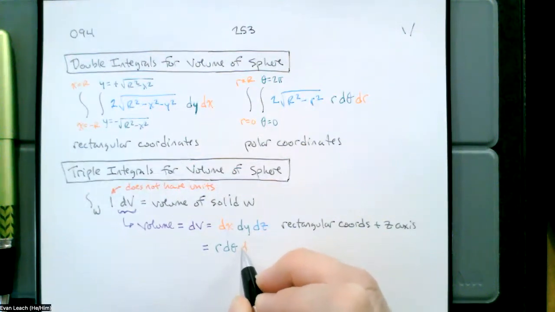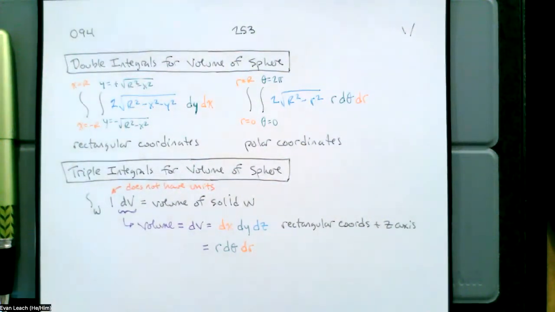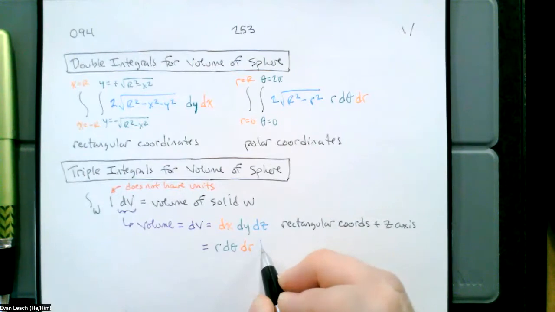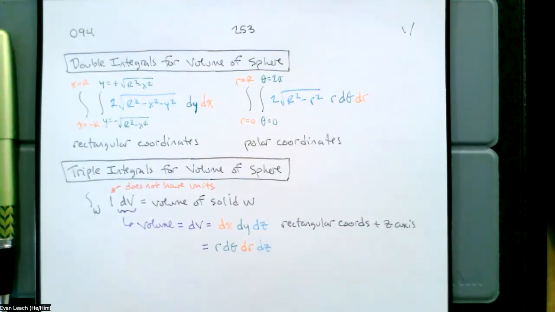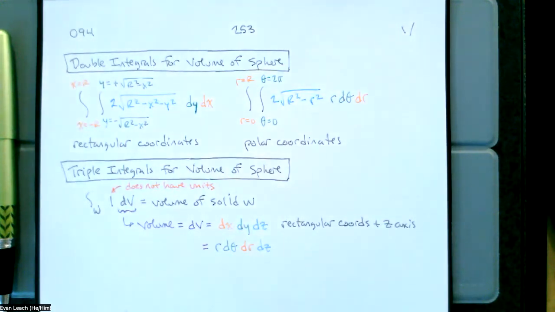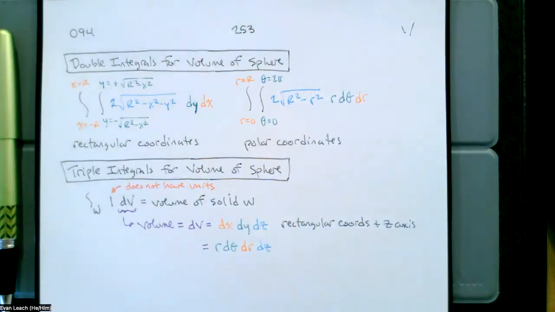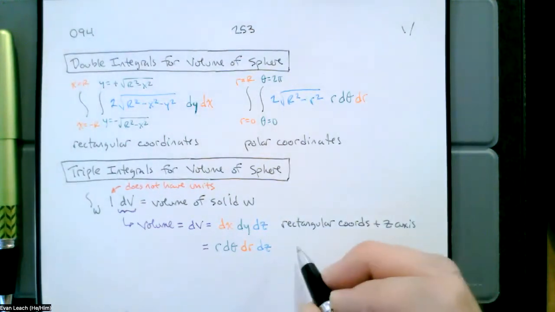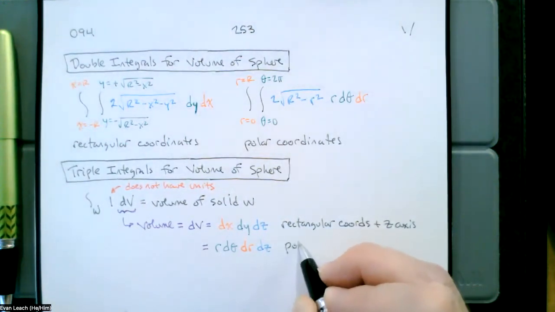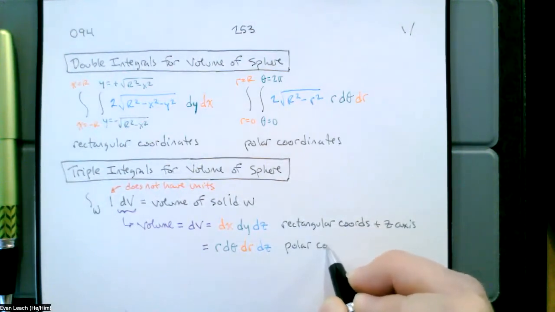But r is a distance. And all we're going to add now is a dz. And here we have cylindrical coordinates. We just take polar coordinates and add a z-axis.